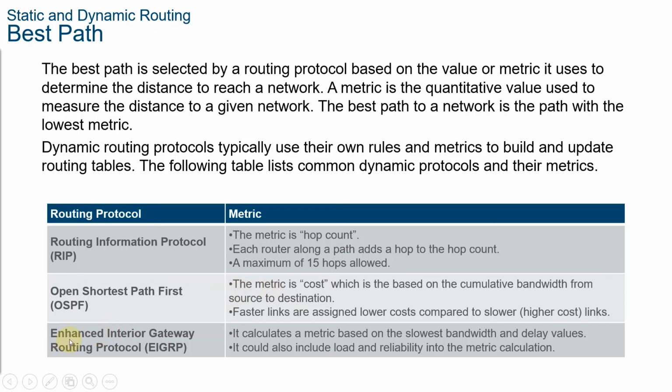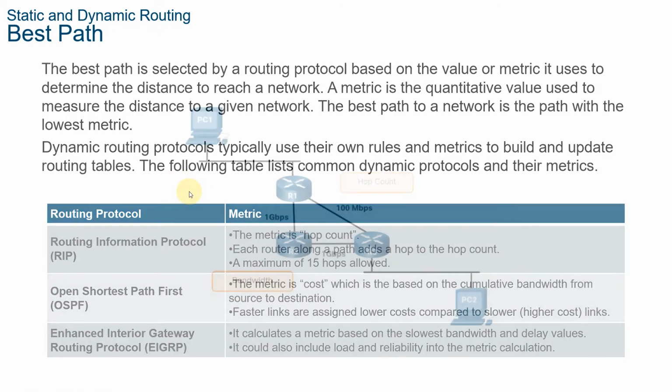And then EIGRP calculates a metric based on the slowest bandwidth and delay values. It could also include load and reliability in the metric calculations. We will be discussing this as we progress with this course.